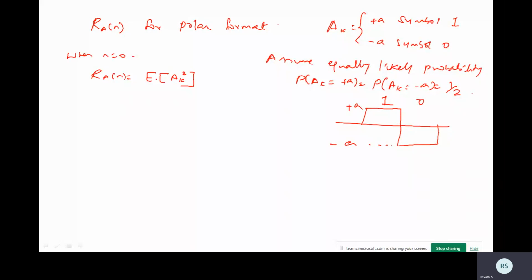Therefore, RA of n is the expectation of AK square, which is plus A into plus A into 1 by 2 plus minus A into minus A into 1 by 2. So you get A square by 2 plus A square by 2, which is A square. So RA of n equals A square when n is equal to 0.